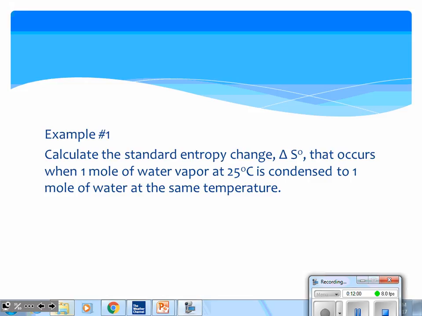It says calculate the standard entropy change, delta S. Remember that the Greek delta just means change. So this is the change in the standard entropy that occurs when 1 mole of water vapor at 25 degrees Celsius is condensed to 1 mole of water at the same temperature.